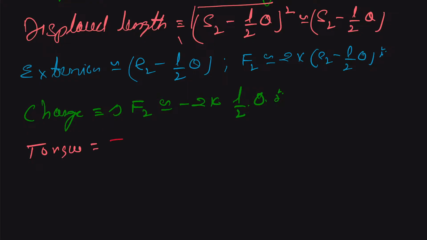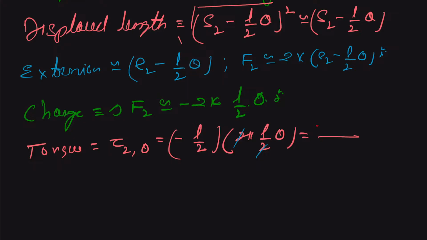Torque tau 2 with respect to theta will be equal to minus L by 2 times 2k L by 2 theta, and this 2 and 2 cancels out, so we get this is equal to minus k L square by 2 times theta.